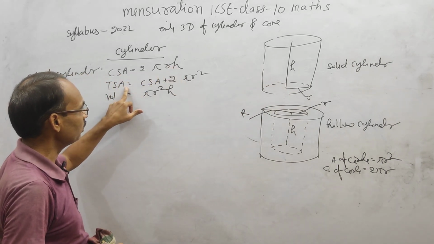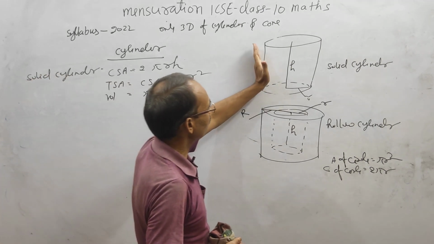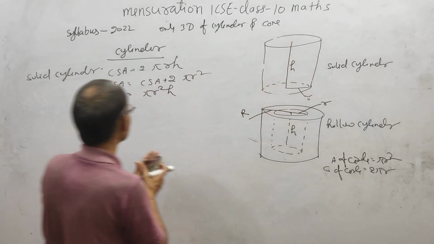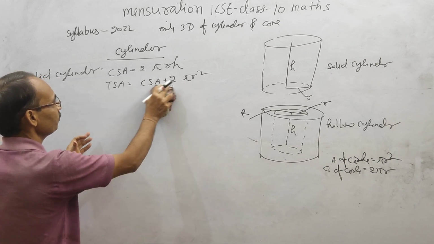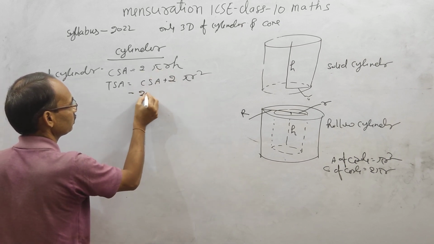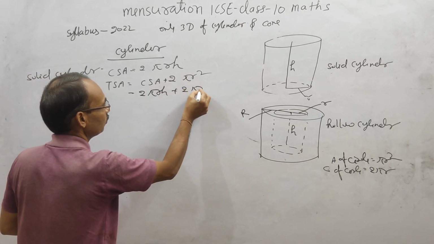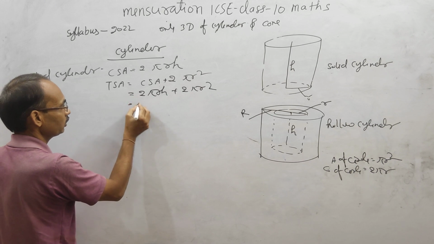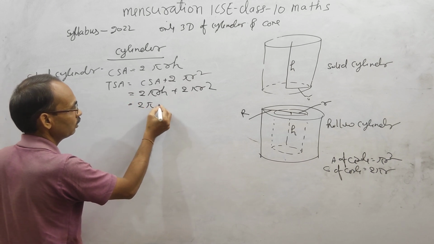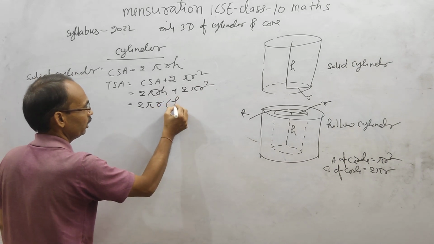Total surface area is curved surface area plus 2 pi r square, that is 2 pi r h plus 2 pi r square, and taking the common 2 pi r, it is 2 pi r times h plus r.